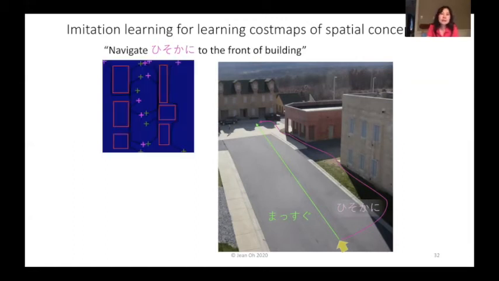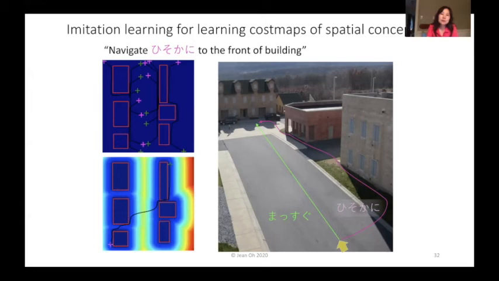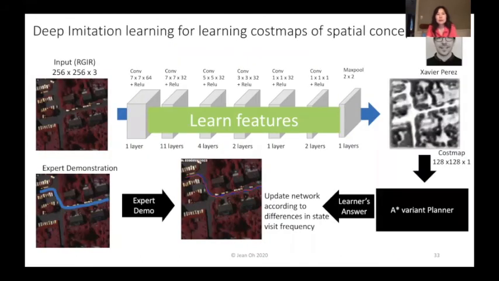So we train these concepts so that the robot can generate the type of cost map that will induce such a behavior. So in this heat map, for instance, blue is a low cost. So in this mode, it will prefer going near the buildings. Okay.